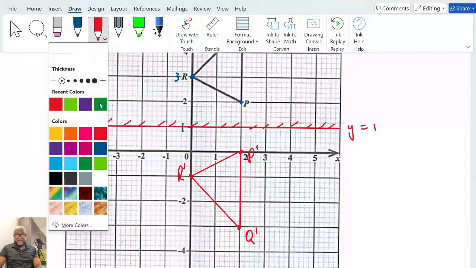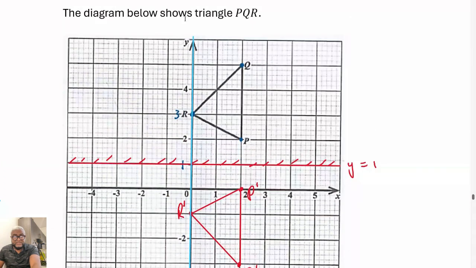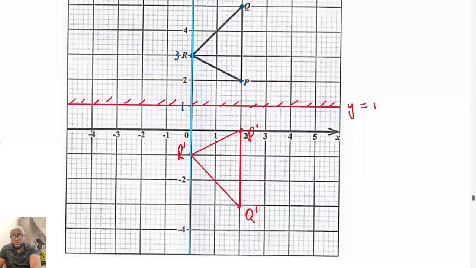You all know that? I'll put that in a different color, sorry. Put in blue. So I'm going to draw a line coming from the top to the bottom here, coming straight down. So this line here is going to be the line x is equal to 0, because it goes through where x is 0 here, right?